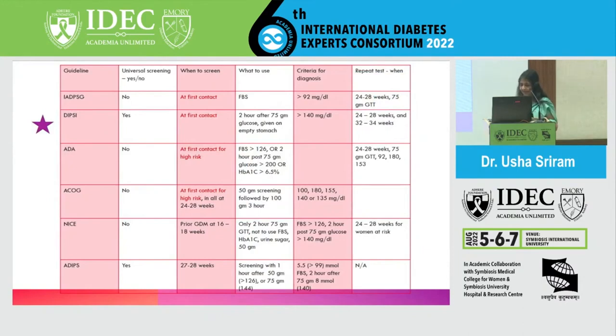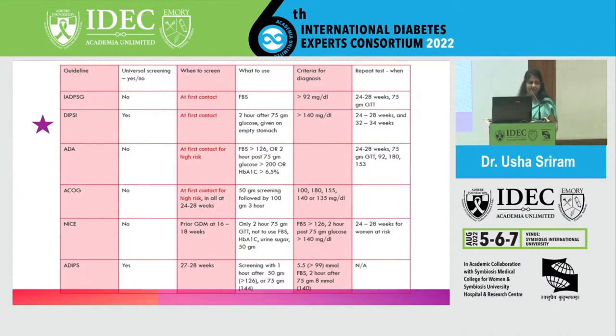I have put an asterisk next to DIPSI, which is our national society, and our national guidelines, and they do recommend testing at first contact, as soon as the woman comes in at first booking, and they recommend testing with a 75-gram glucose, doing a 2-hour value, and if it's 140 or more, it's diagnosed as GDM.